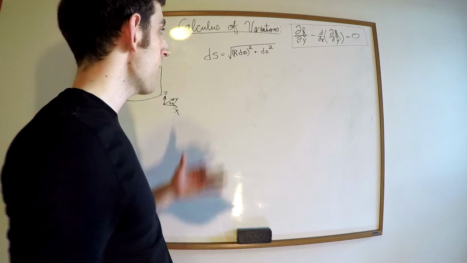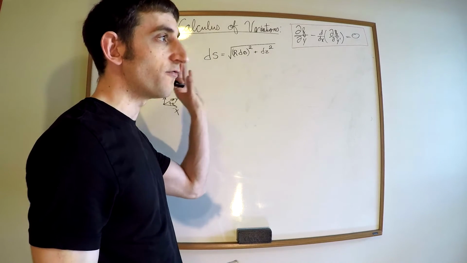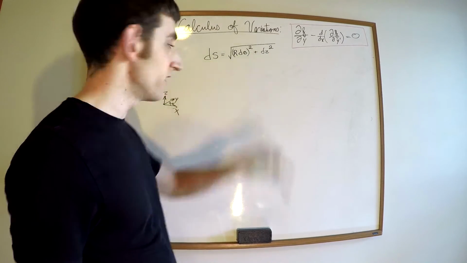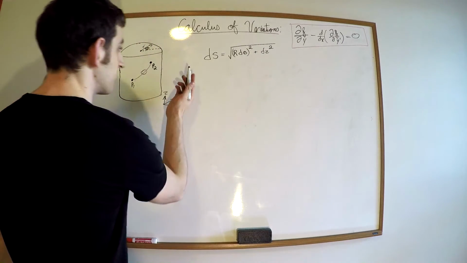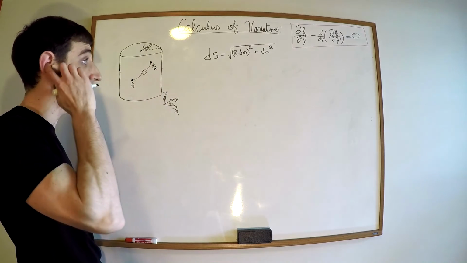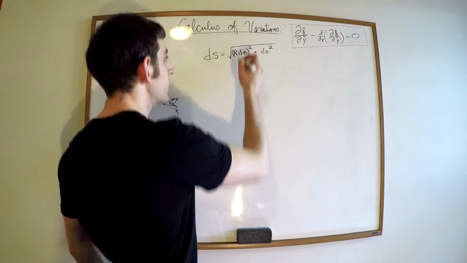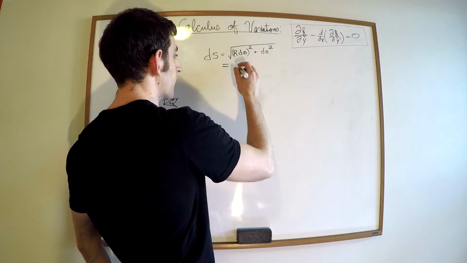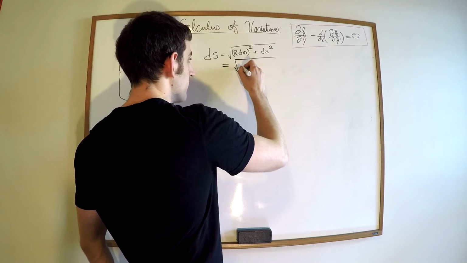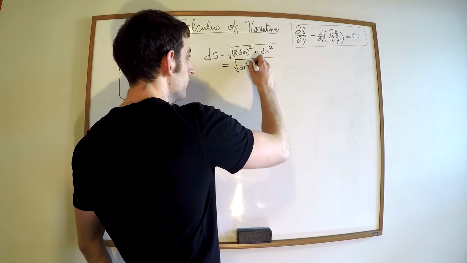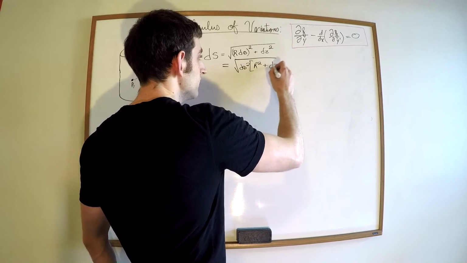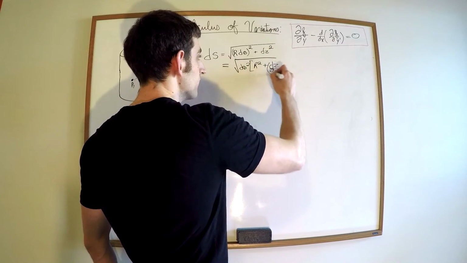So before we do that, we need to take out one of these differentials. What we're going to say is that z is a function of theta here, because as we rotate along this cylinder, z is going to go up or down depending upon where this point is. So what we can do is pull this d theta squared out by taking the square root of d theta squared times r squared plus dz d theta, so the derivative squared.